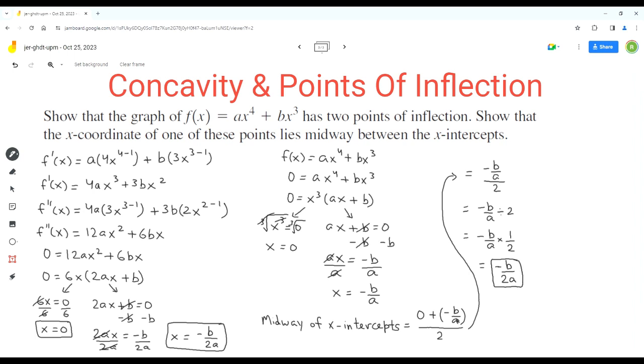Now we can find the y-coordinates of these x-coordinates of the point of inflection to find the points of inflection. So we'll sub in these x values for the points of inflection in the given function. So let's start with f at 0. So we sub in x as 0 in the given function.